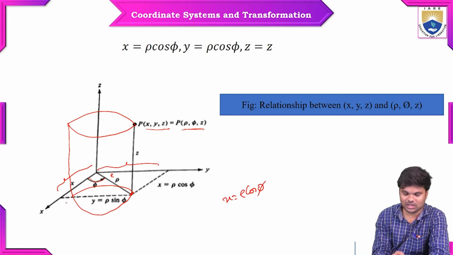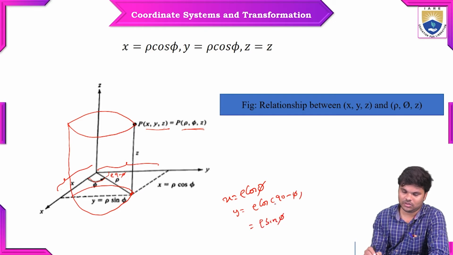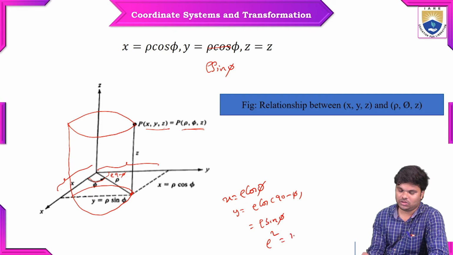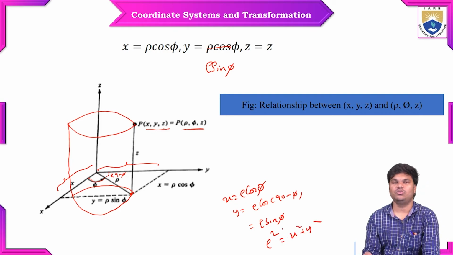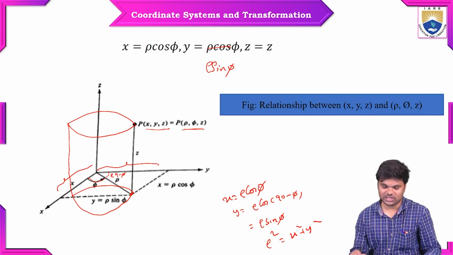And this is phi, and this is 90 minus phi, and the component of rho along the y-axis is rho cos of 90 minus phi, which is nothing but rho sin phi. From this I can say that rho square is equal to x square plus y square. Rho is equal to root of x square plus y square, and z is simply z.